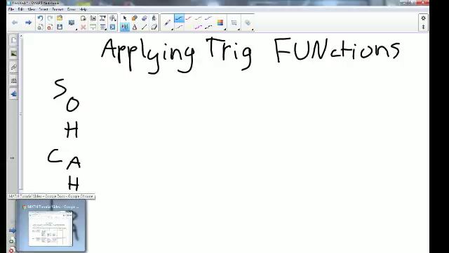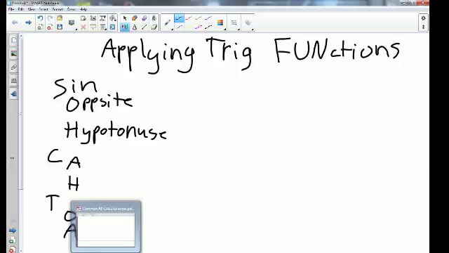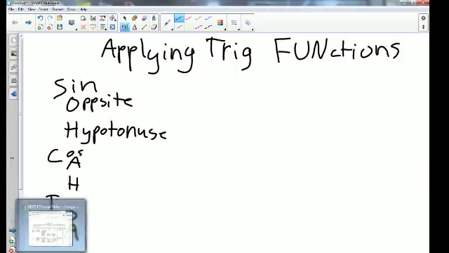So the way this works is you have your sine function, sine, and that's opposite over the hypotenuse. And then for cosine, we have adjacent over hypotenuse, caught another hippie.